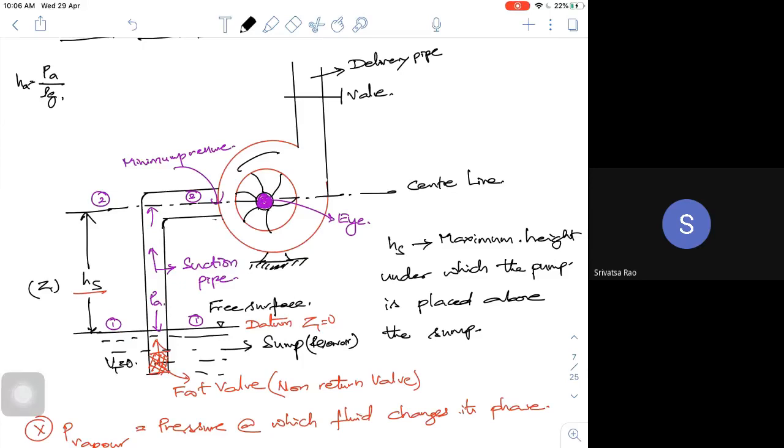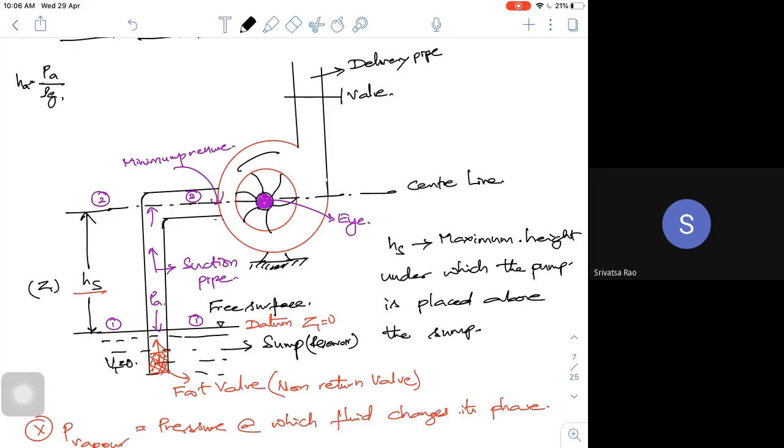I should ensure that, because what happens if I keep on increasing my HS, this HS here? At one particular point, the pressure at the eye may drop below your vapor pressure, which is not desirable.